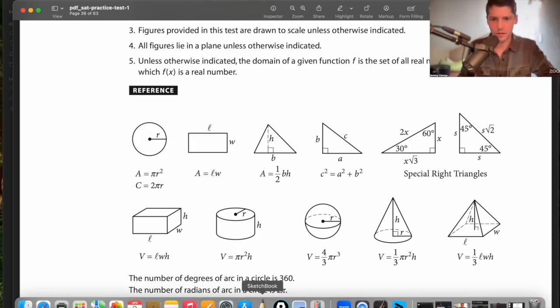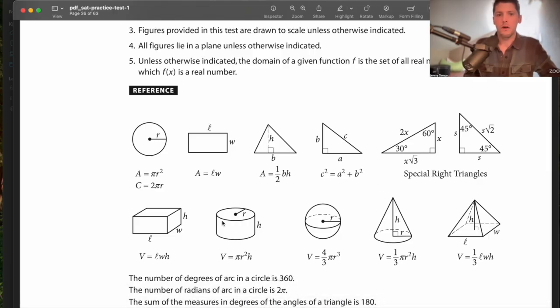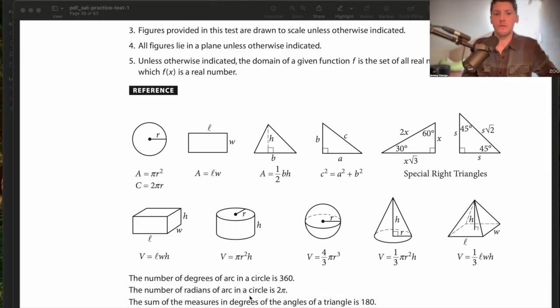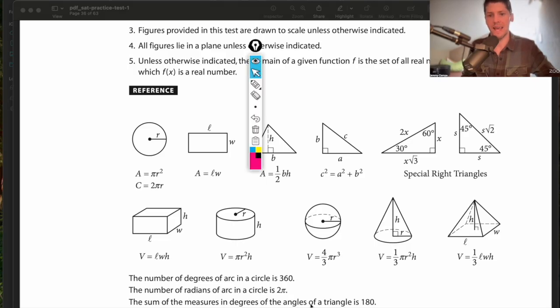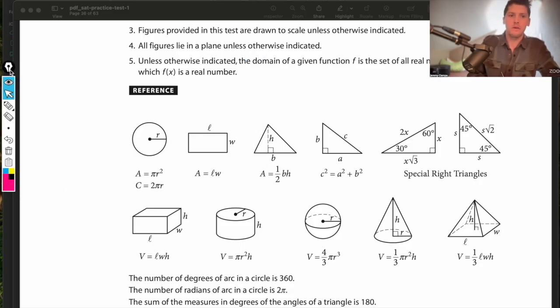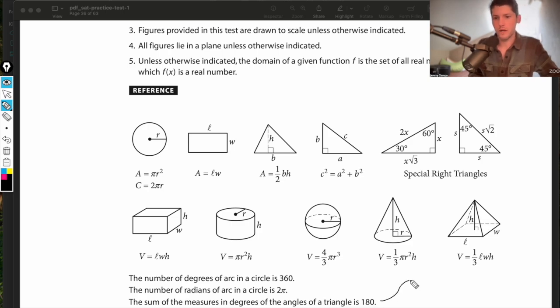Let me grab my writing tool here. A couple of facts about degrees and radians, and the sum of the measures in degrees of the angles of a triangle is 180. I want to extend that fact before we go any further, which is, one other way of thinking about this is that the number of degrees in the sum of the measures in degrees of the angles of any polygon, if n is the number of sides, is n minus 2 times 180.